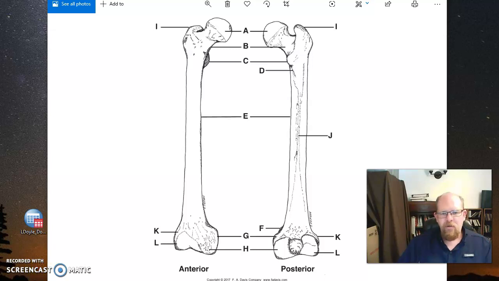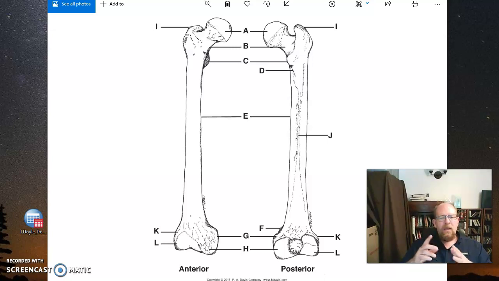So let's get some of your lecture notes filled in. So how do we describe the hip joint? Well, it's synovial, just like the majority of the joints that we've talked about in the human body. Is it mobile, stable, or a combination of both? So, like I said, there's some similarities to the shoulder joint, but there are some significant differences.